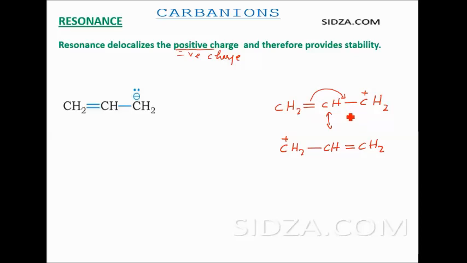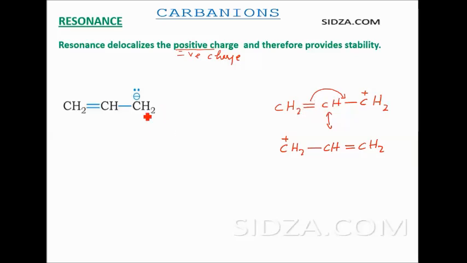Like the positive charge is delocalized, we can delocalize the negative charge as well, but the direction of the flow of the pi electrons is a little bit opposite in the carbocations and the carbanions, right? Because the carbocation is electron deficient, the pi bond, when it breaks, shifts in the direction of the carbocation.